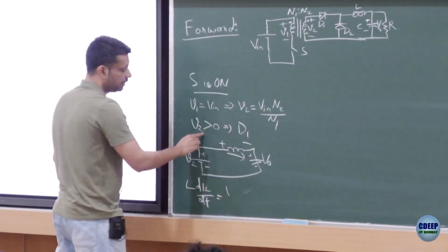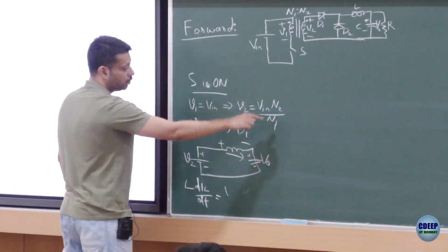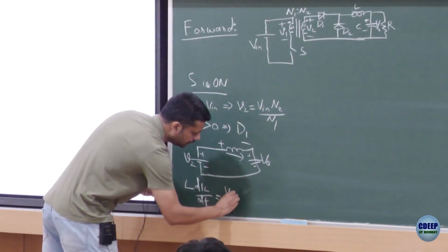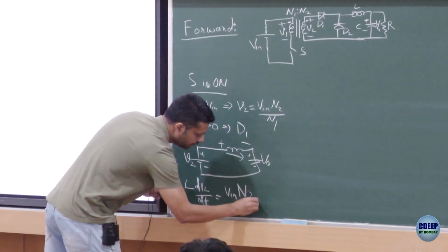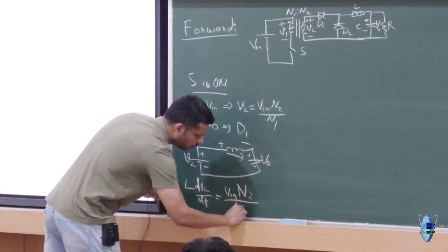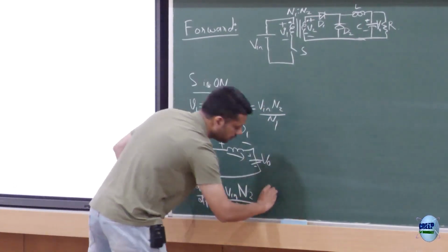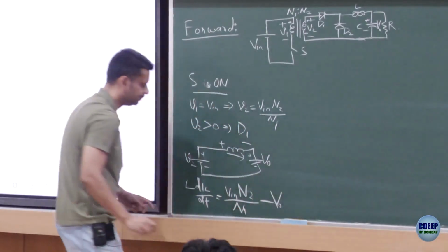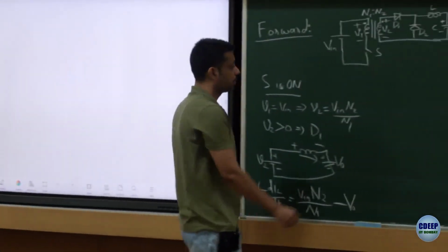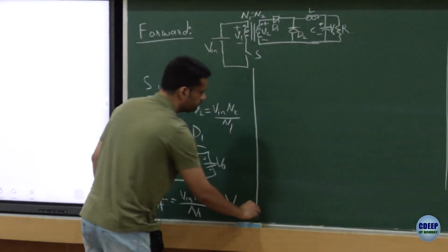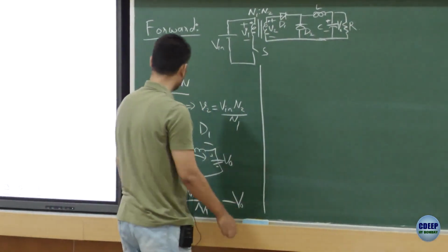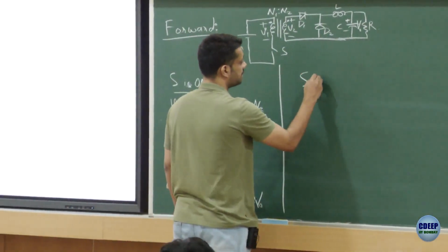V2 minus VO, where V2 is equal to Vin N2 by N1. So this is Vin N2 by N1 minus VO. Okay, similarly, you can analyze what happens when S is off.